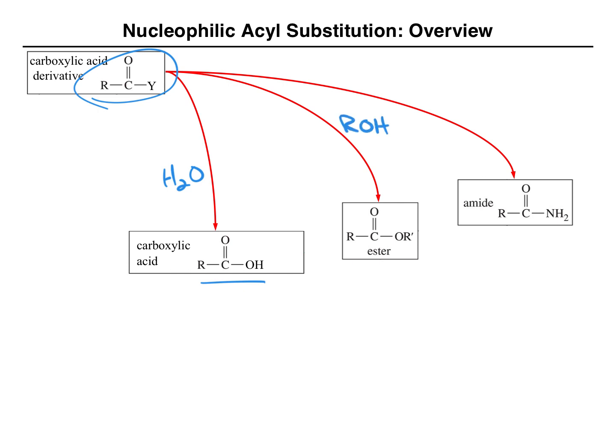It could react with an alcohol to give an ester, or it could react with ammonia or an amine to give an amide. These are some of the most common or most useful nucleophilic acyl substitution reactions, but we are going to take a look more systematically at a broader range of nucleophilic acyl substitution.